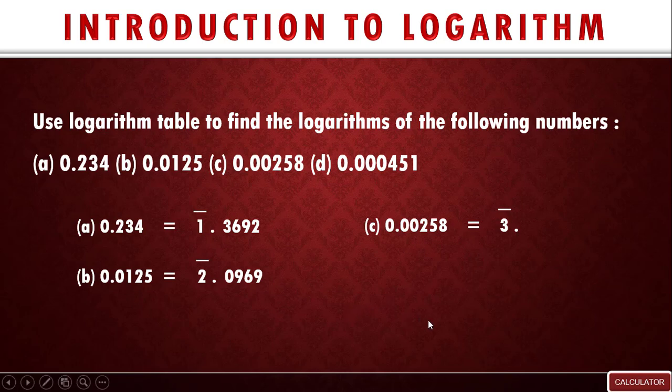So having gotten the characteristic, if you are using your 4-figure table, check 25 under 8. Or if you're using your calculator, let's do it with the calculator using a workaround.